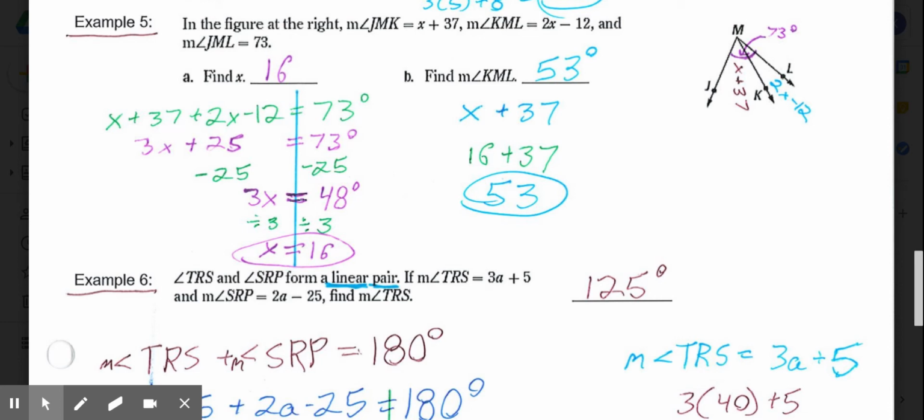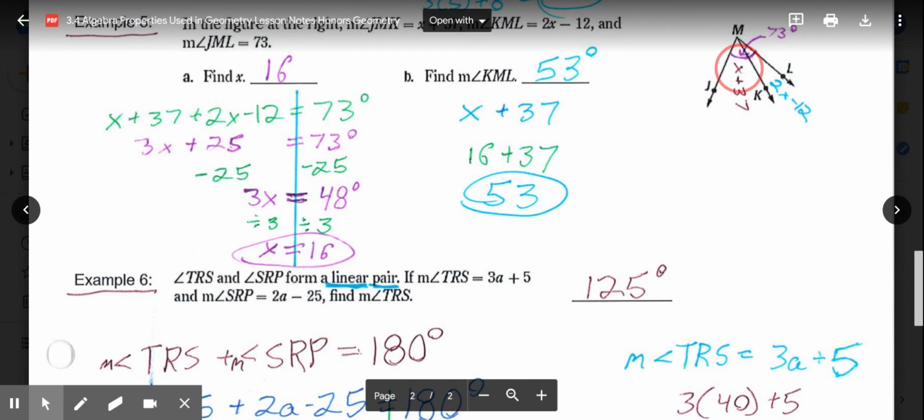Example 5. In the figure at the right, the measure of angle JMK equals x plus 37. The measure of angle KML is 2x minus 12. And the measure of the whole large angle, JML, is 73. In part A, they want us to find x.